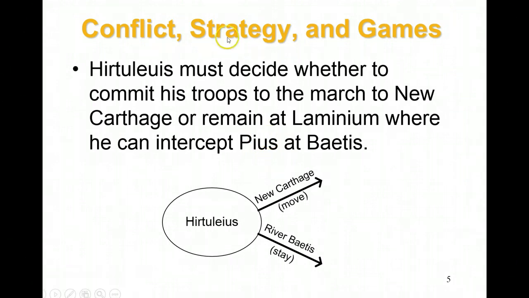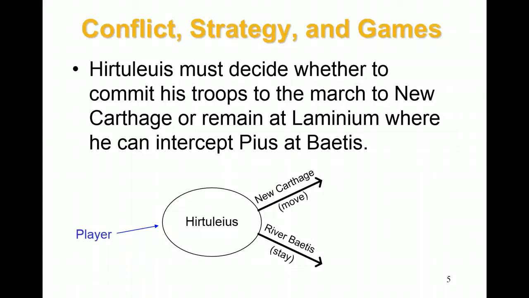Now, you could read what you see right here several times, and it may take you a couple minutes to figure out who's who. Hertilius is the first mover, and who's his rival? Is it a guy named Biaides or is it a guy named Pius? What I've just done here is I've laid things out clearly in extensive form game theory. And this clearly labels who is the first mover, and that's a player called Hertilius.